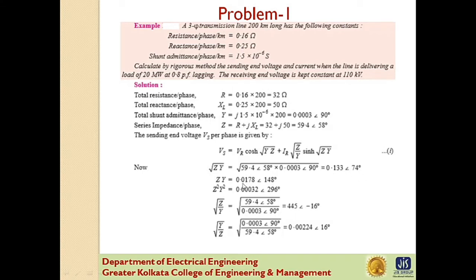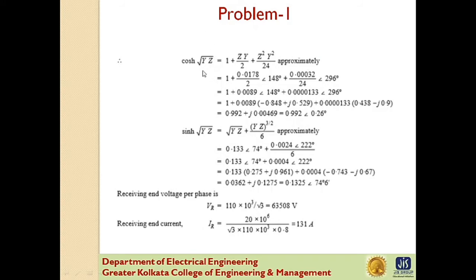ZY equals 0.0178 angle 148 degree, and Z squared Y squared equals 0.00032 angle 296 degree. Now from the values of Z and Y we also get the values of root over Z by Y and root over Y by Z. The value of root over Z by Y is 445 angle minus 16 degree, and root over Y by Z is equal to 0.00224 angle 16 degree.